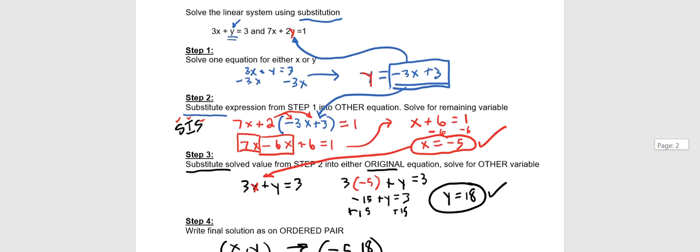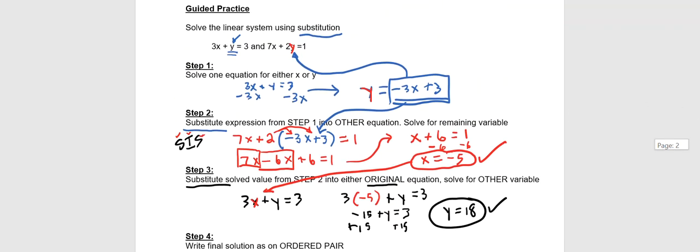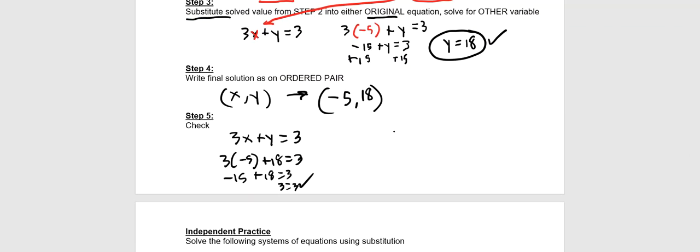I should be able to do that check on the second equation. 7x plus 2y equals 1. Well, if I substitute 7 times negative 5 plus 2 times 18 should give me an outcome of 1. Negative 35. That's 7 times negative 5 plus 2 times 18 is 36. Does that equal 1? 1 equals 1.